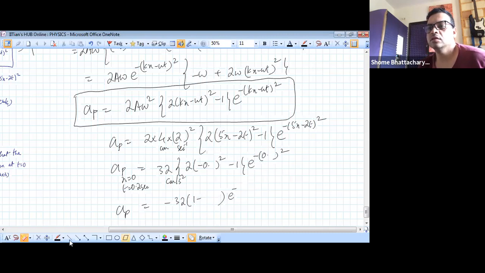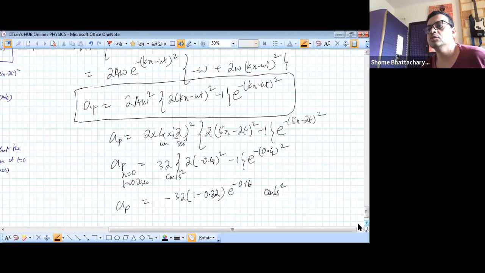So this value here is 0, minus 2 into 0.2, so that's 0.4. And this is also 0.4. So this will become 0.16 into 2, so 0.32. And this will be e raised to the power minus 0.16, in centimeters per second square.